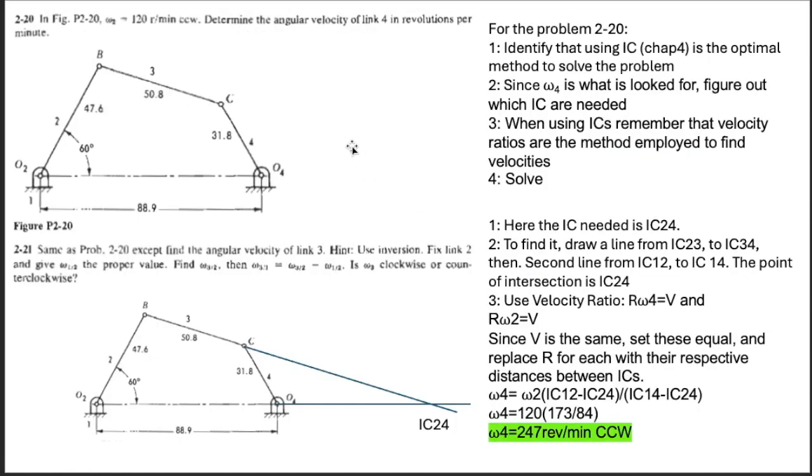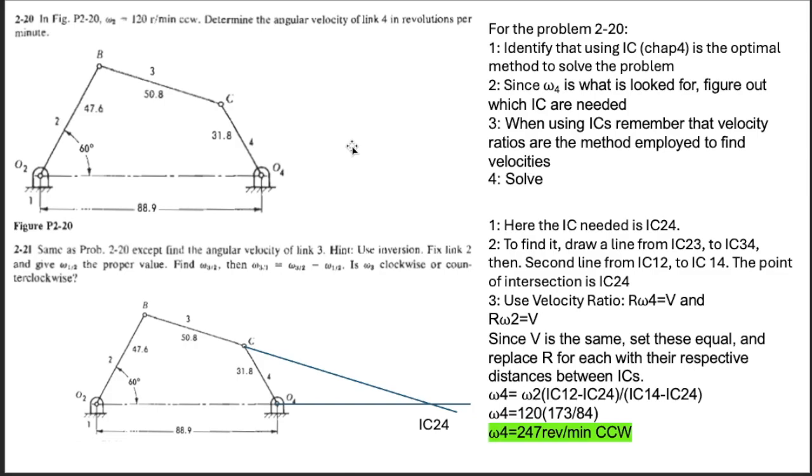Now we're looking at the next type of problem. Here, you're starting to see glimpses of chapter 4. In this problem, you're again asked to find an angular velocity. But in this situation, we realize that you want to use ICs, instant centers, which are presented in chapter 4.